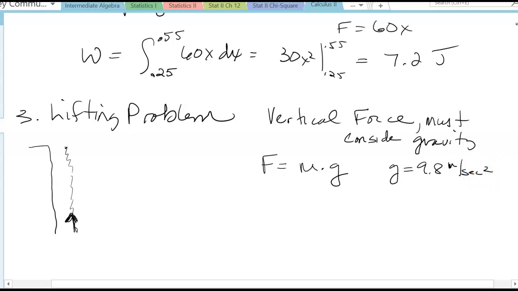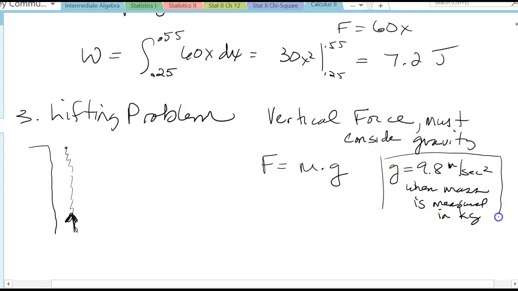And mass, we're going to use this whenever mass is measured in kilograms. So I want you to keep that in mind. Mass, we want to make sure we keep it in kilograms. So if it's not in kilograms, we need to put it into kilograms. And we're going to use gravity of 9.8 meters per second.